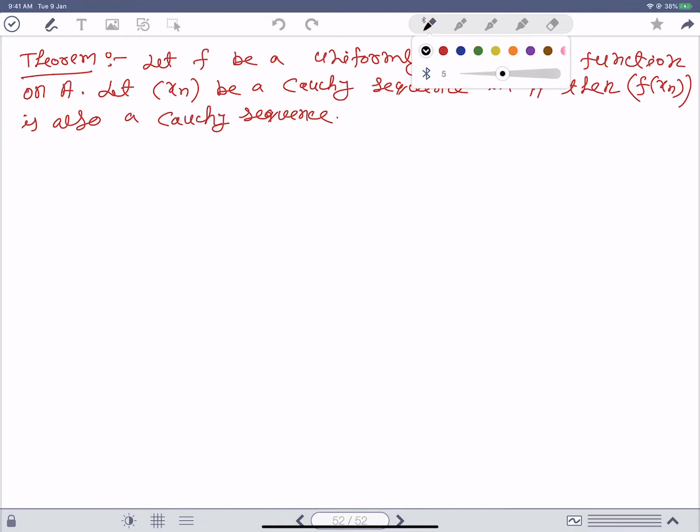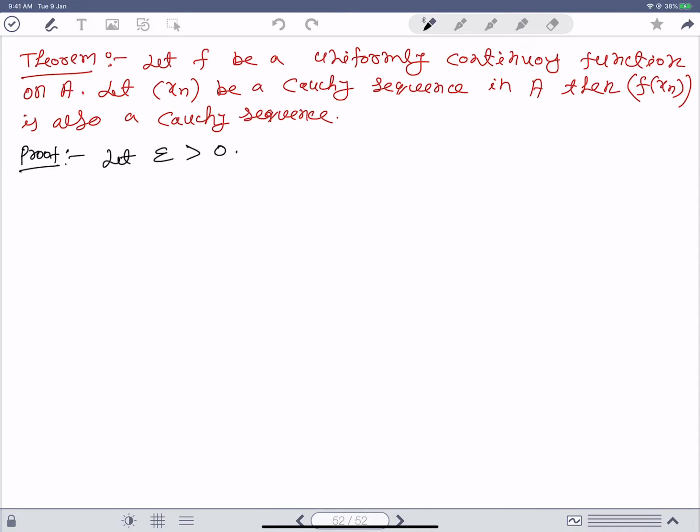Okay, so here is the proof. It is given that f is a uniformly continuous function on A, and that xn is a Cauchy sequence in A. Now we have to show that f of xn is a Cauchy sequence. First we choose some arbitrary epsilon bigger than 0.